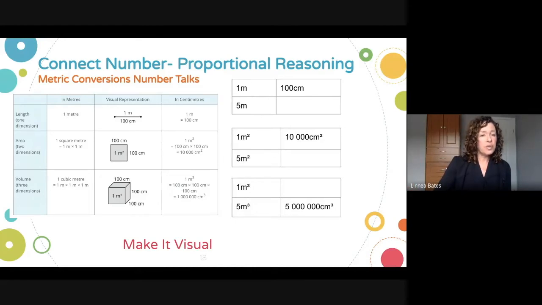Again, Rhonda and I talked about it being great if you could have the concrete representation first, if you were able to use a meter stick or find a YouTube video that would allow students to visualize before they move to the representation in the abstract. And then, of course, you have your ratio tables off to the right. So a ratio table for linear measurements, a separate ratio table for area or 2D measurements, and a separate ratio table for 3D or volume measurements.